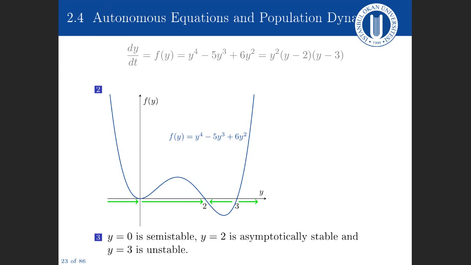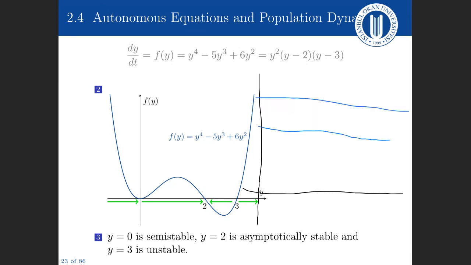And then part 4 was sketch some solutions. Now, before I show you a computerized version, let's do a quick scribble. We know we have y equal to 2 and we have y equal to 3, and we have y equal to 0.